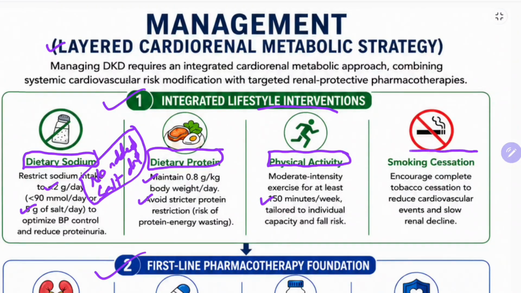And fourth one is smoking cessation. Encourage complete tobacco cessation to reduce cardiovascular events and slow renal decline. Smoking will exacerbate the renal decline and cardiovascular events. So 4 things: sodium, protein, lifestyle, and smoking.